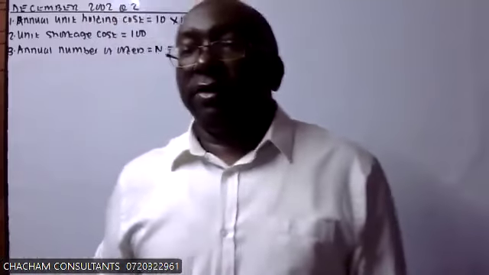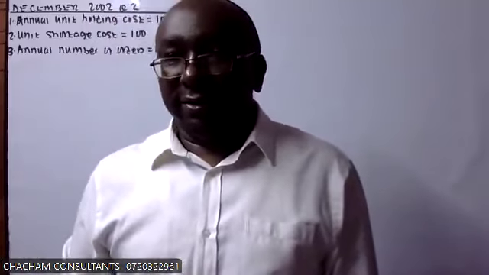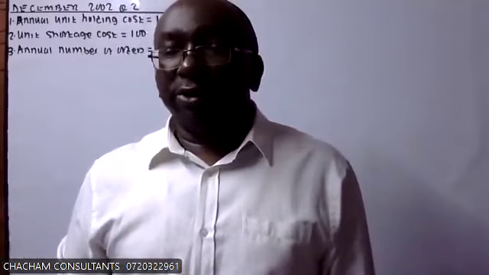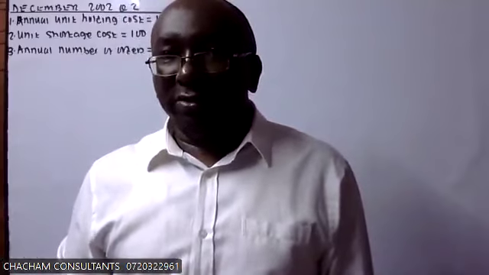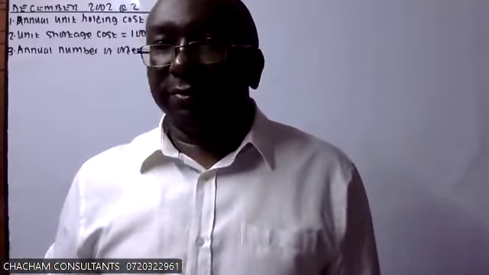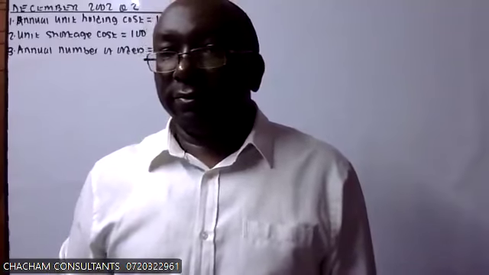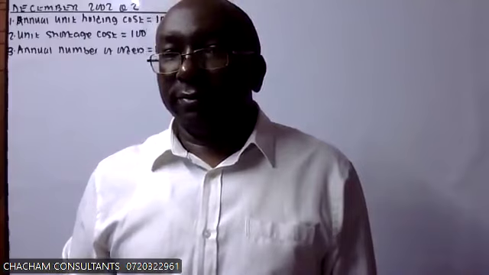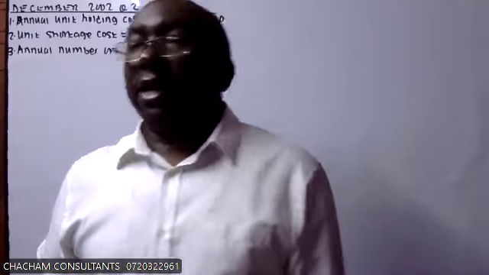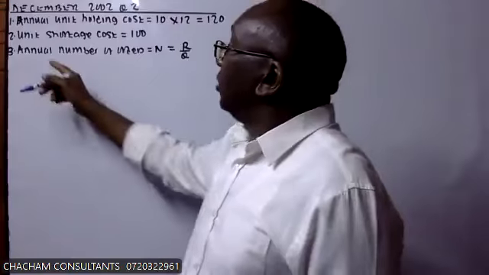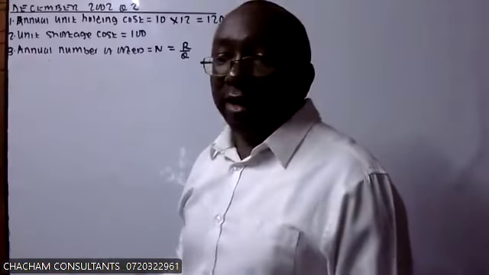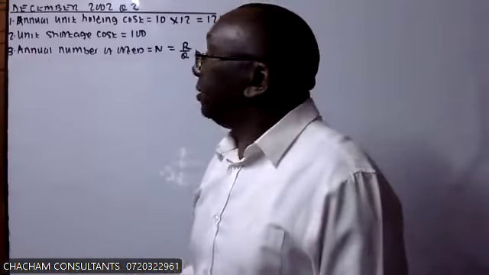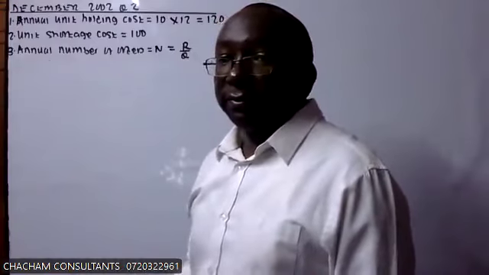Now, 30 days are also known as what, in terms of measurement of time? One month. Good. Now, we know that we are looking for the whole year, and 1 year has how many months? 12.